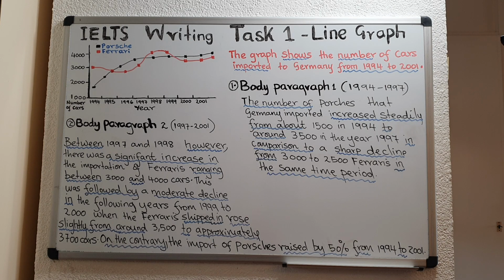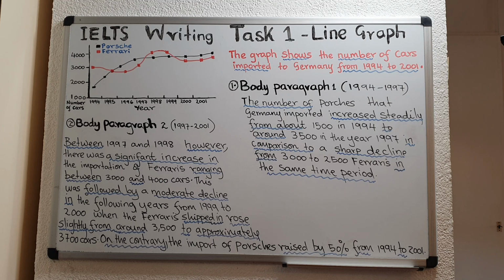Take note of that preposition, in the year. In comparison to, a sharp decline from, to. We talk about a decline from, to. From 3,000 to 2,500. A sharp decline means that it went down from this number to this number.